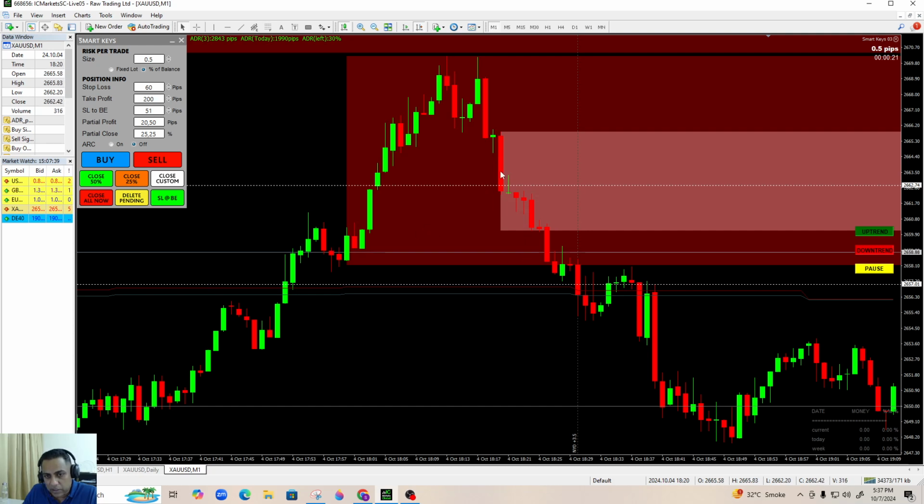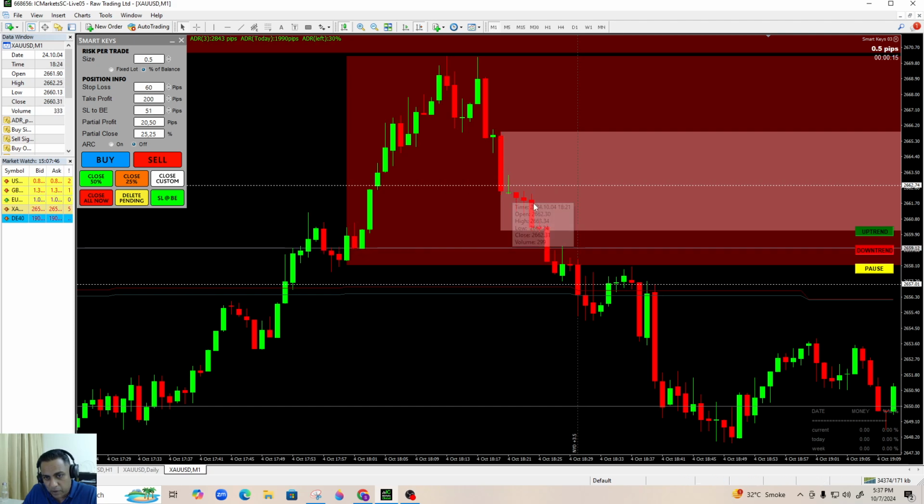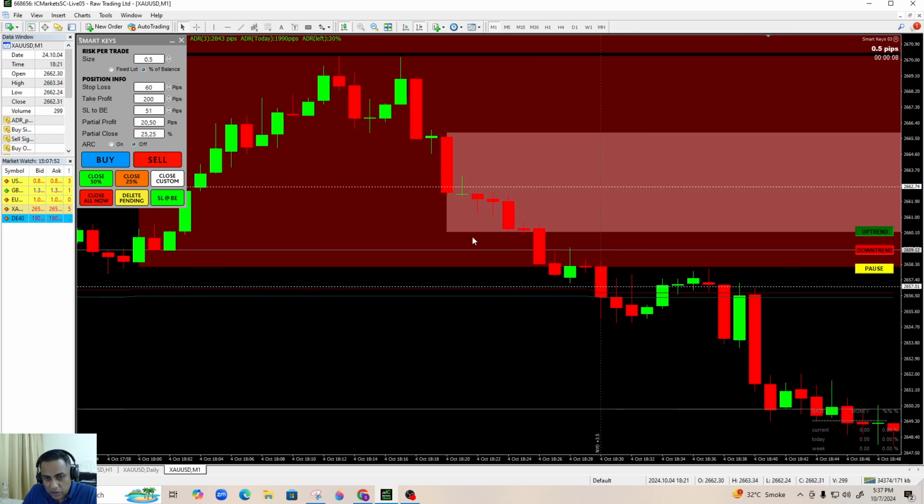I'm going to mark this supply zone, right? This drop, base, drop inside this. So the closest, I hope you guys can see it, drop, 3 basing candles and a drop. This is on the 1 minute time frame. So if price comes there, I'm going to look to take a trade.